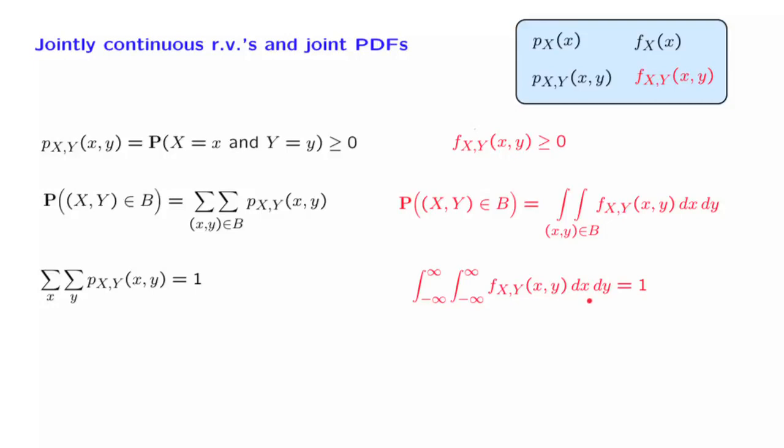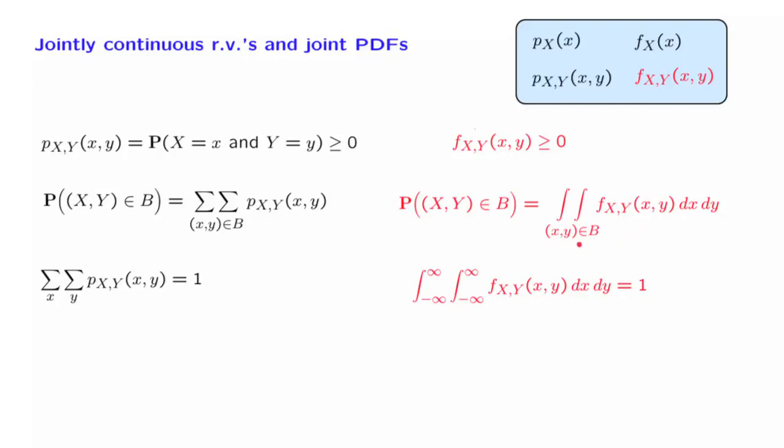The joint PDF tells us how this unit of probability is spread over the entire continuous two-dimensional plane. And we use the joint PDF to calculate the probability of a certain set by finding the volume under the joint PDF that lies on top of that set. This is what this integral really represents.